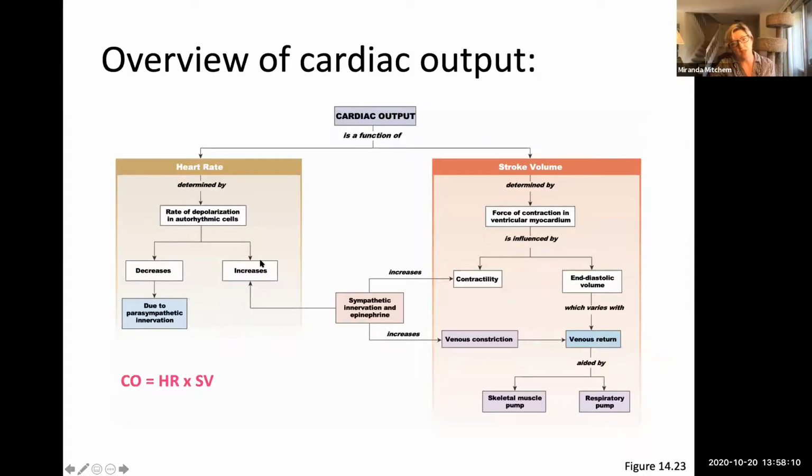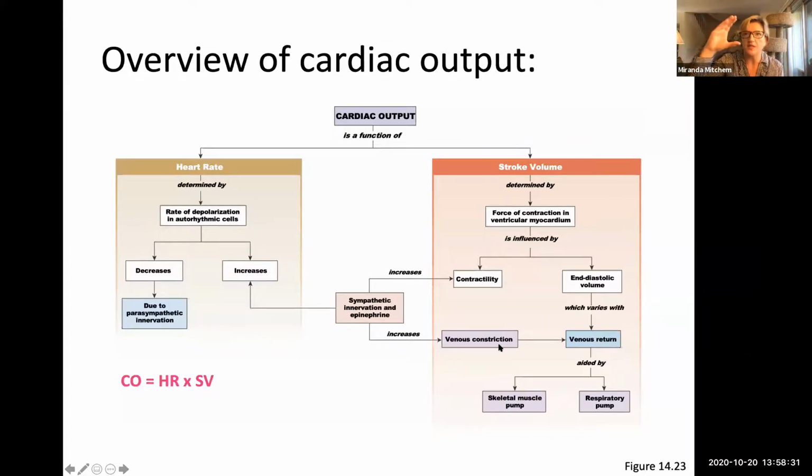So we can affect that. But look how this ties in over here. When we have sympathetic stimulation of the heart, with norepinephrine, we're also seeing an action with epinephrine too. I'll get to that in a moment.